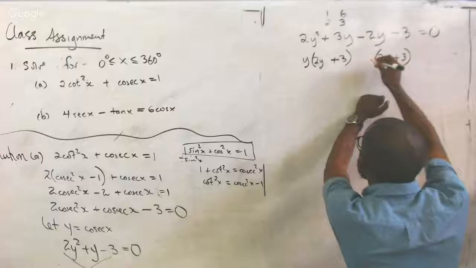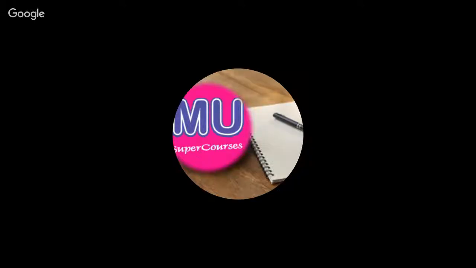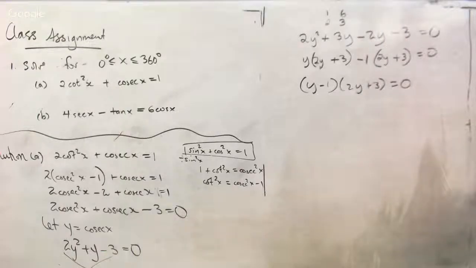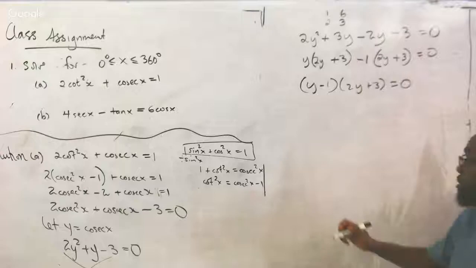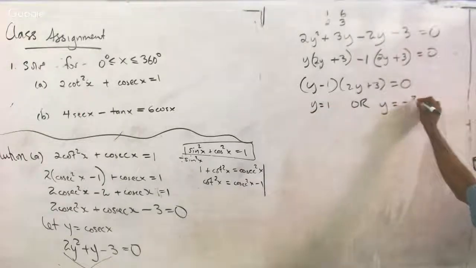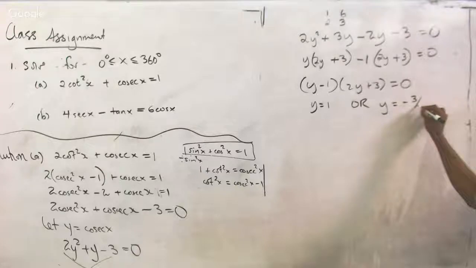And then I would have got y minus 1 into 2y plus 3 equal to 0. Everybody got that so far? Everybody following? Right? No? Who's not following? Come on. All right. So y equal to 1 or y equal to negative 3 upon 2. Good? 1.5.